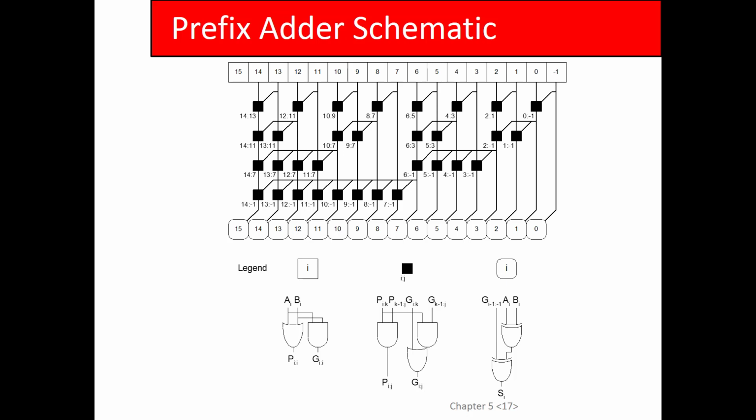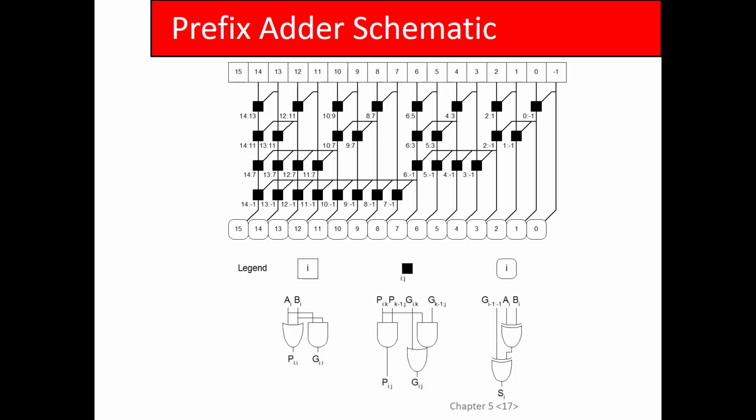I'm looking for the generate that comes out of here and the propagate that comes out of this guy, the 2 down to -1. Right? Make sense? So that's what each of these 2 inputs represents.